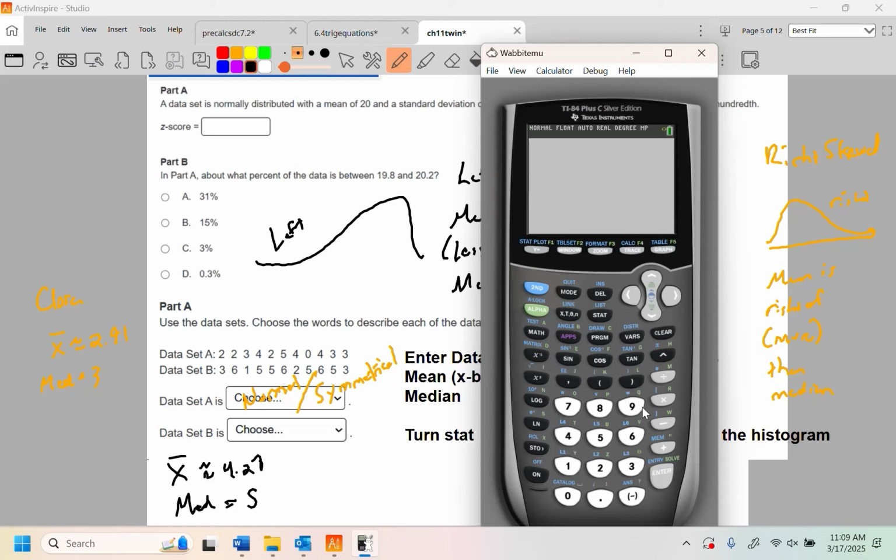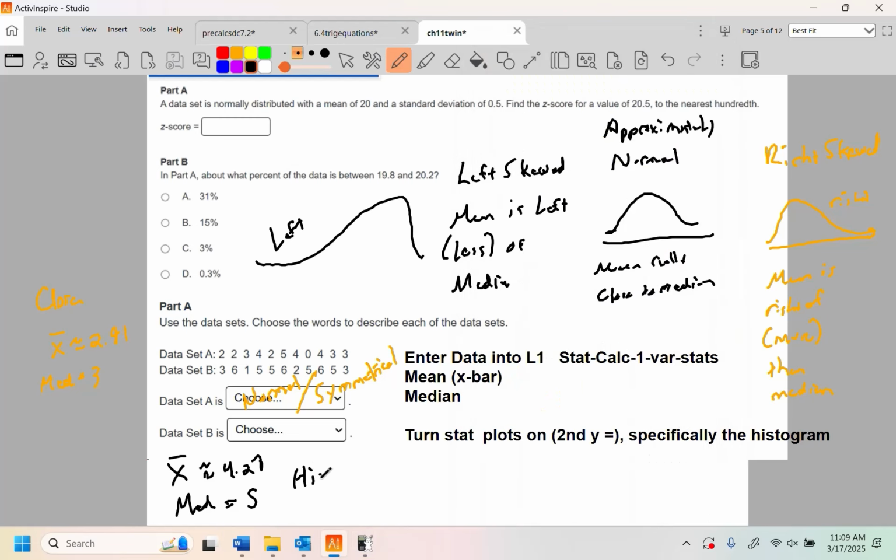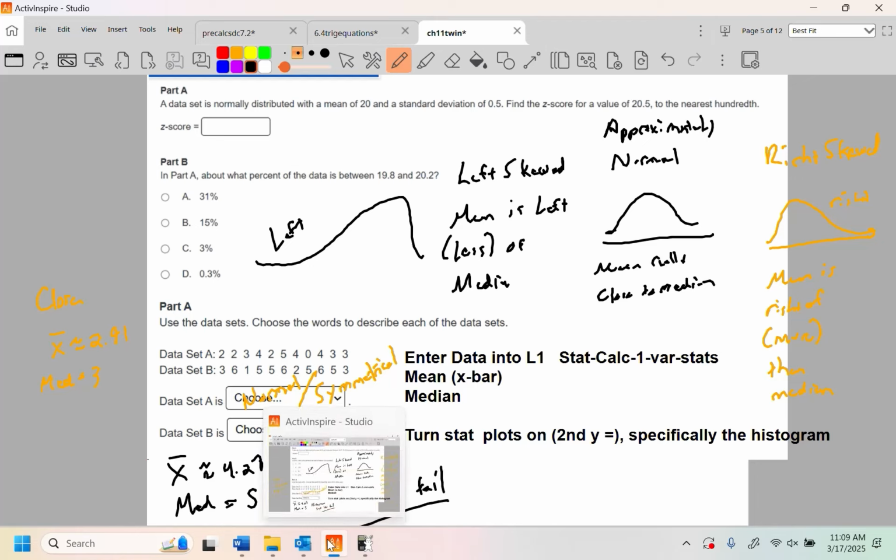It's a zoom 9 situation. And I would not call that normal. I see a tail on the left. So the histogram says left tail. It's apparent that it has a left tail. So I would call this skewed left. That is a skewed left situation.